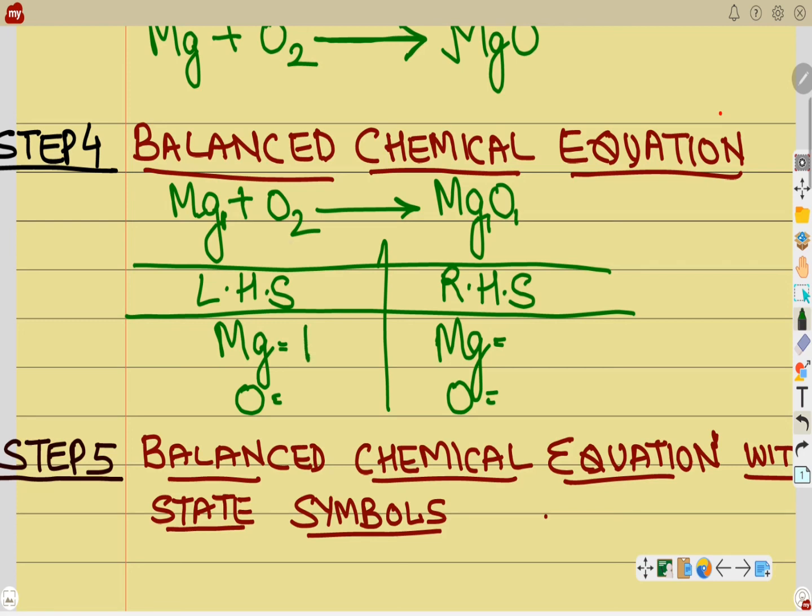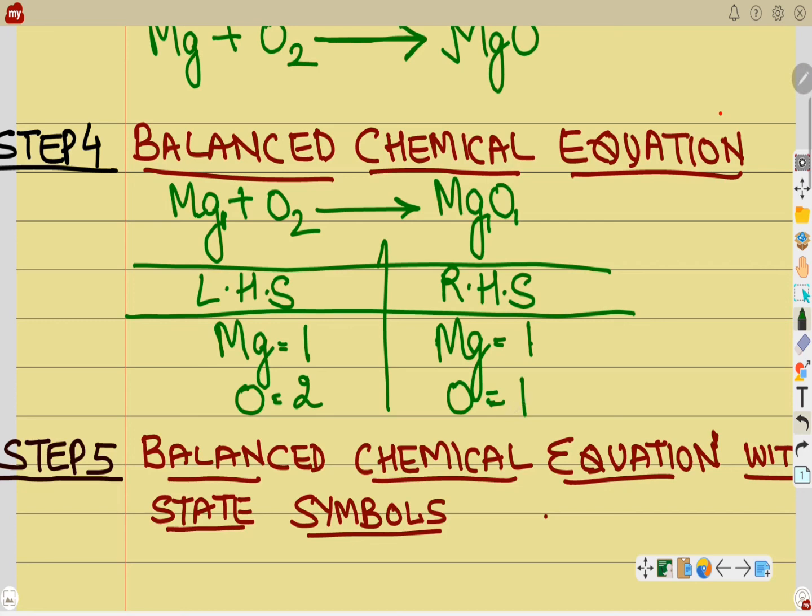How many oxygen atoms? 2. How many magnesium atoms on the product side? 1. How many oxygen atoms on the product side? 1. Now magnesium is balanced on the reactant as well as the product side, but oxygen is 2 on the reactant side, and on the product side the number of oxygen atoms is only 1.